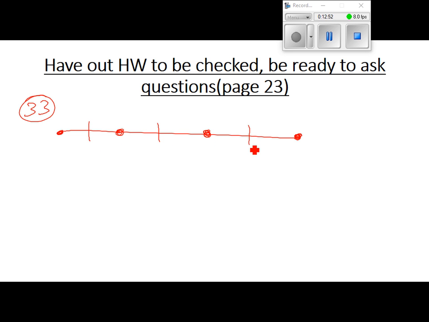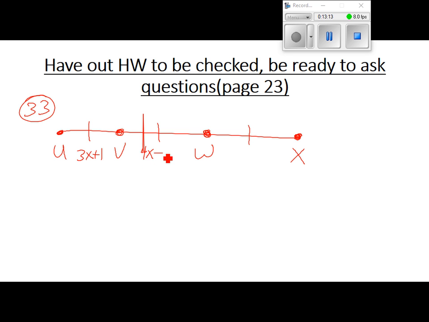Before I go any farther, what's that tell us about these three segments? They're all the same. They're all congruent. U, B, W, X. They tell us this one's 3x plus 1. This one's 4x.